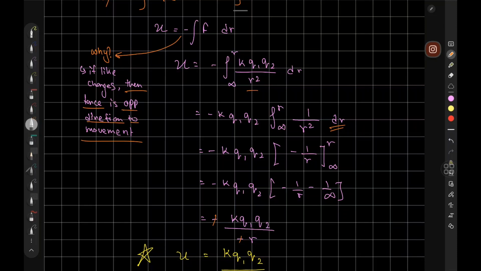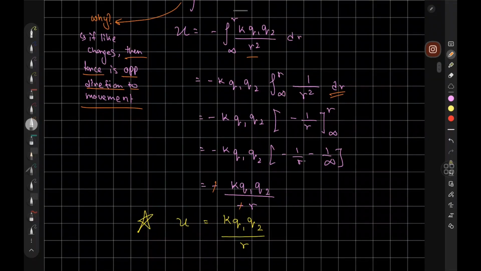Okay, so if you have integrated it, now you have the bounds to be plugged in, right? You plug in the upper bound over here, and then you plug in the lower bound over here. Good.